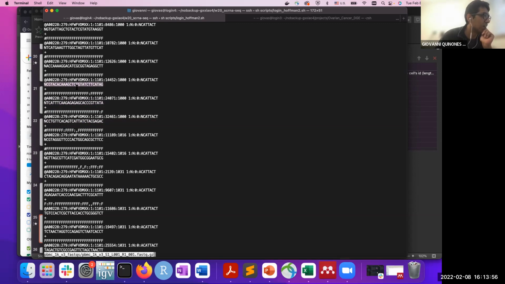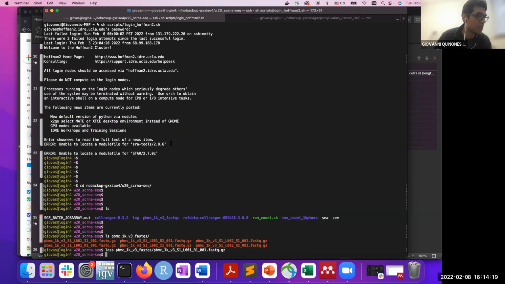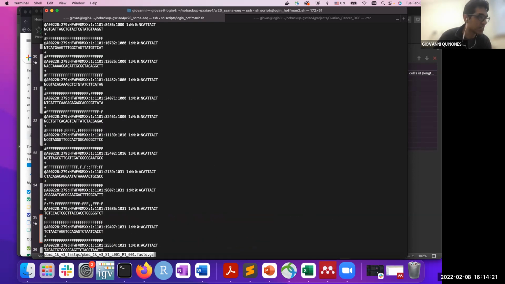These reads are 26 bases long, because the first 16 contain your cell barcode and the next 10 contain your UMI. Every read has its own name, shown here. That's the information we're capturing with read number 1.